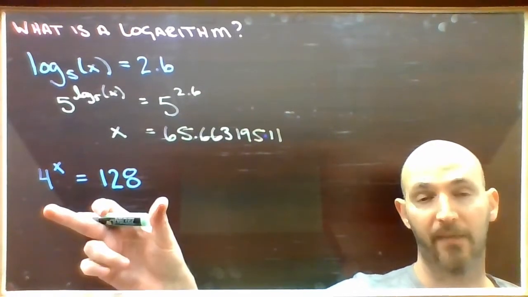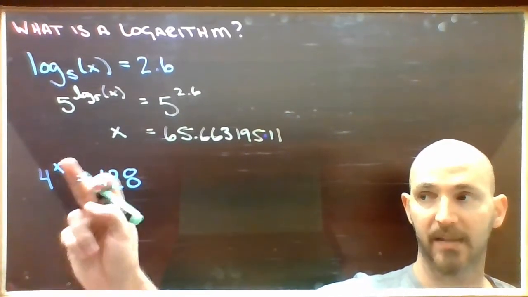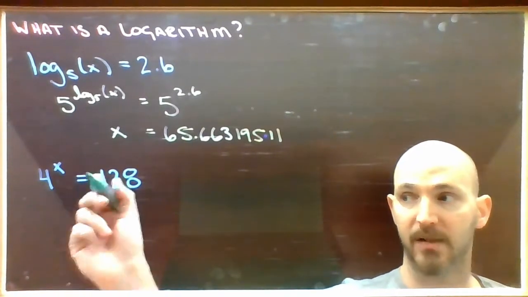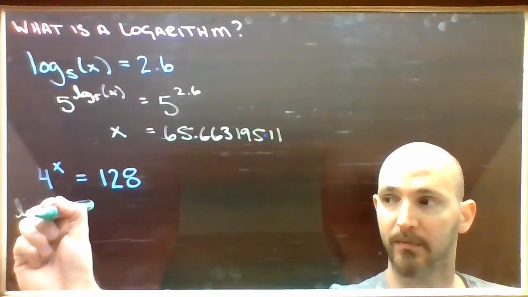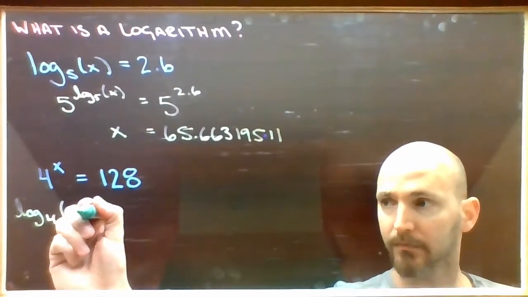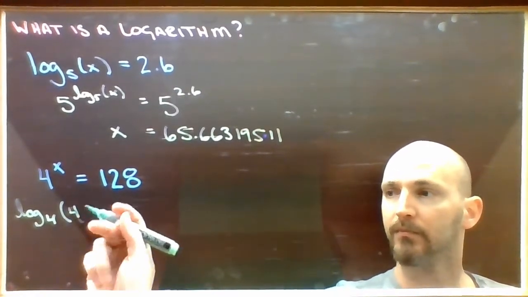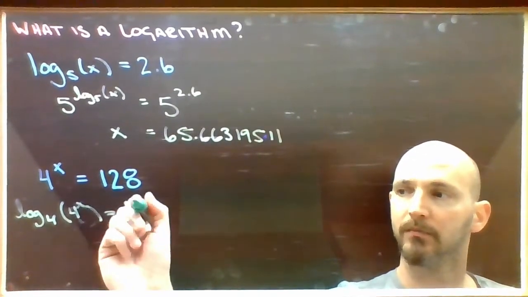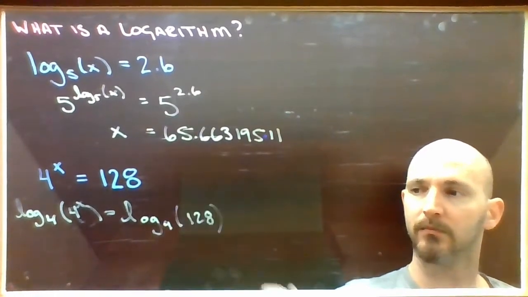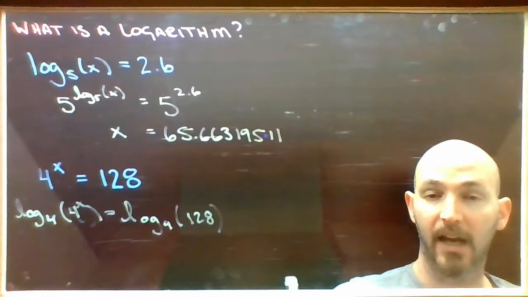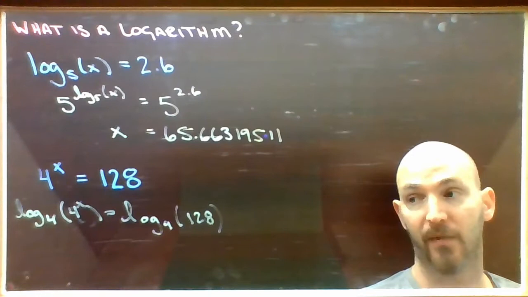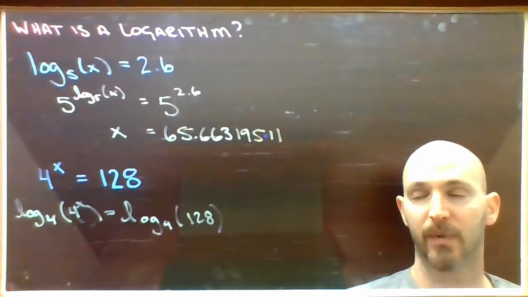Right. If I have them this way, a base 4 exponential that I need to undo, the logarithm that undoes a base 4 exponential is a base 4 logarithm. And if you happen to have a calculator with a generic log button, you may be able to type this in directly, to calculate the log base 4 of 128.